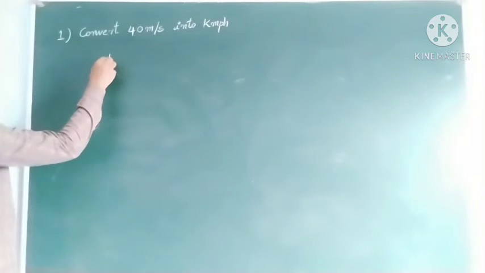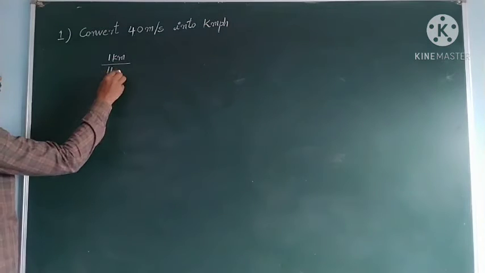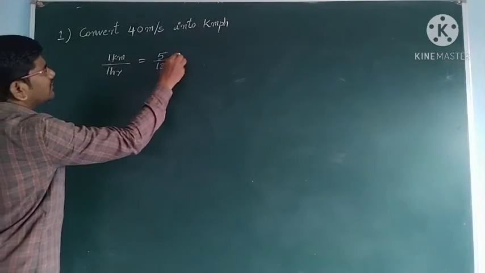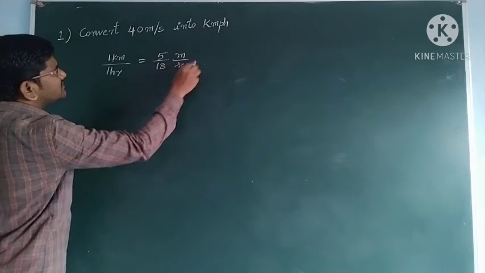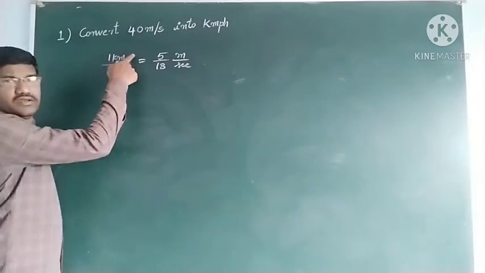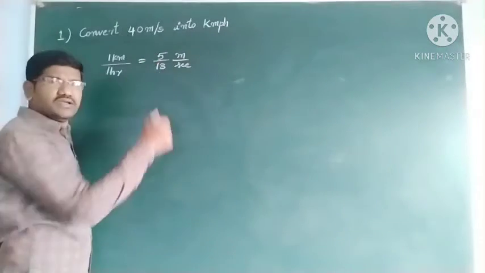We know that 1 kilometer by 1 hour is equal to 5 by 18 meters per second. This is a standard relation, remember it. So 1 kilometer per hour is equal to 5 by 18 meters per second.